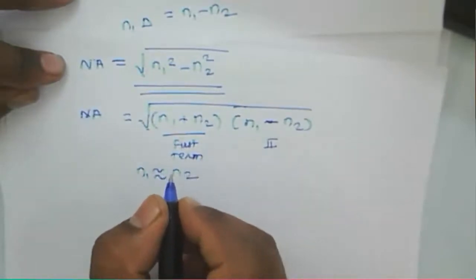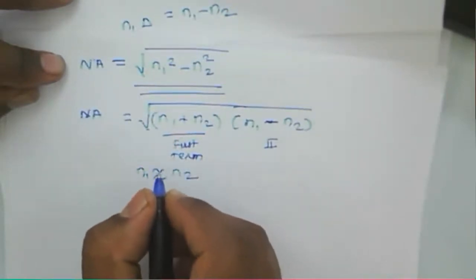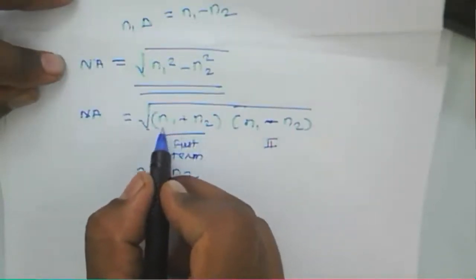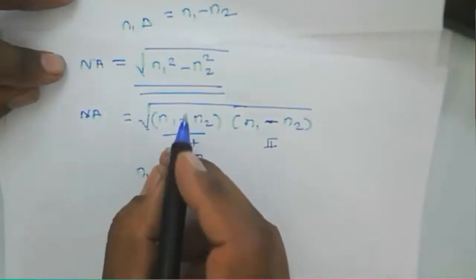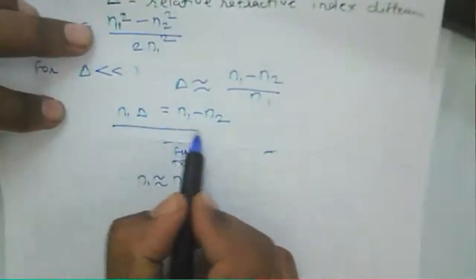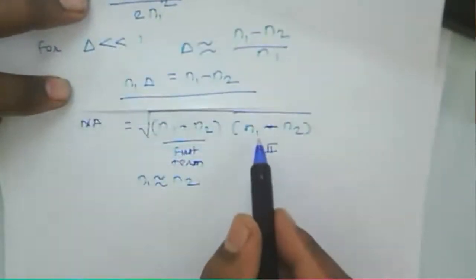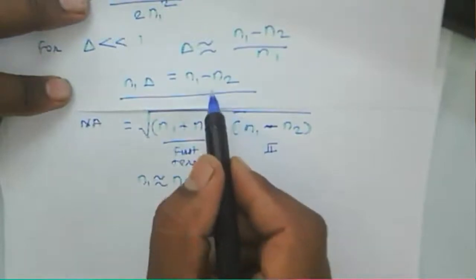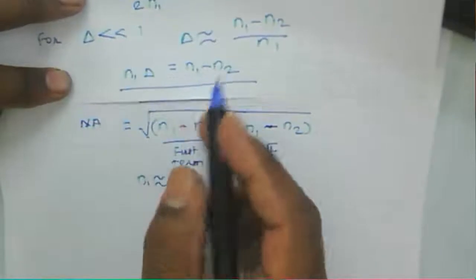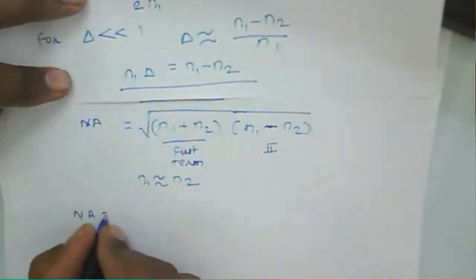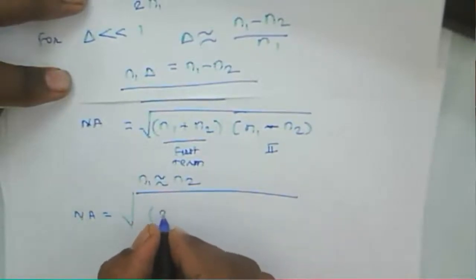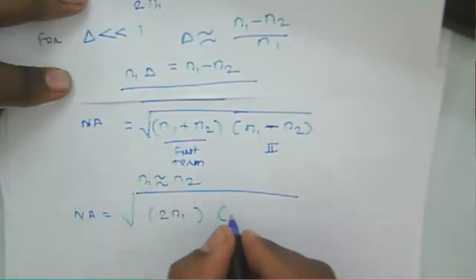If you consider the first term, and n1 is approximately equal to n2, the first term will be twice of n1.